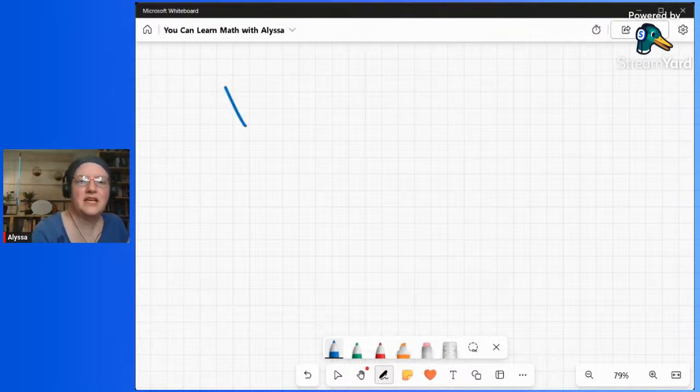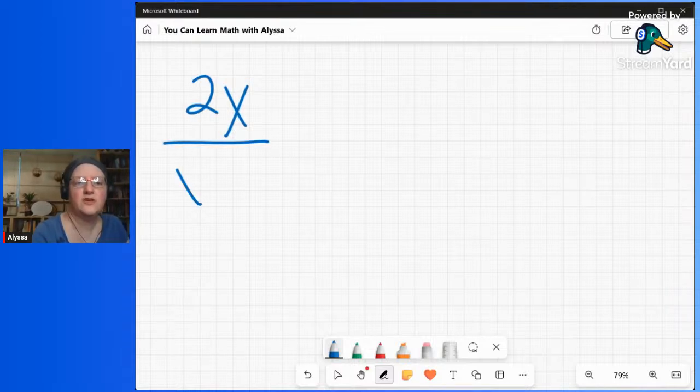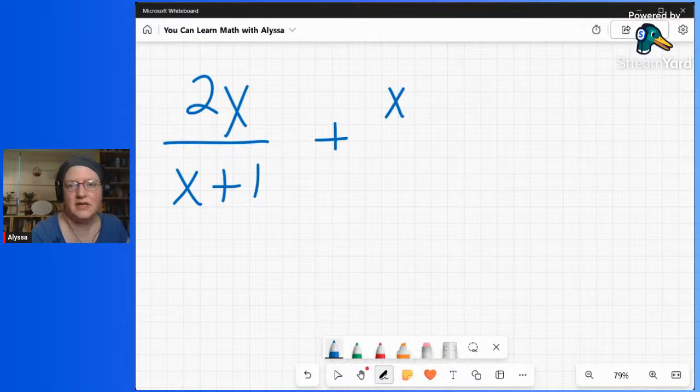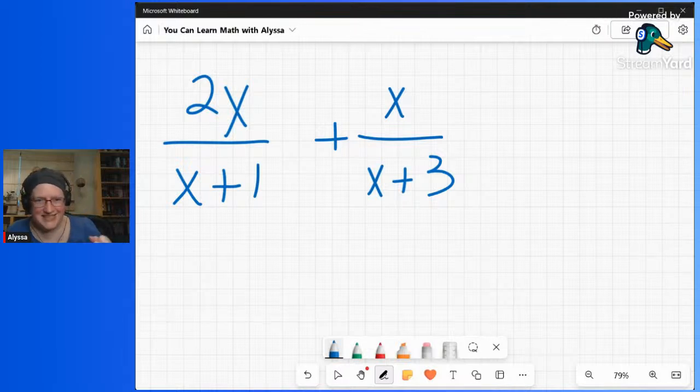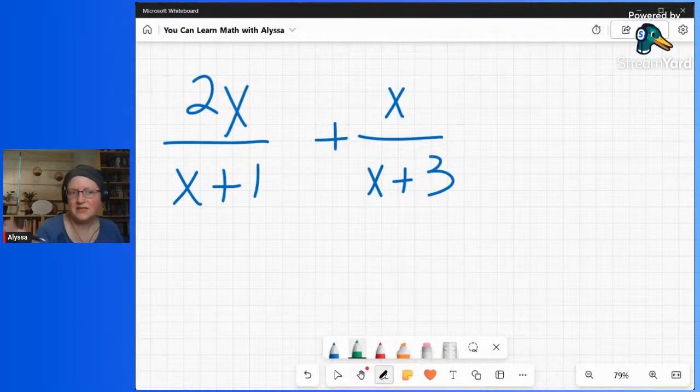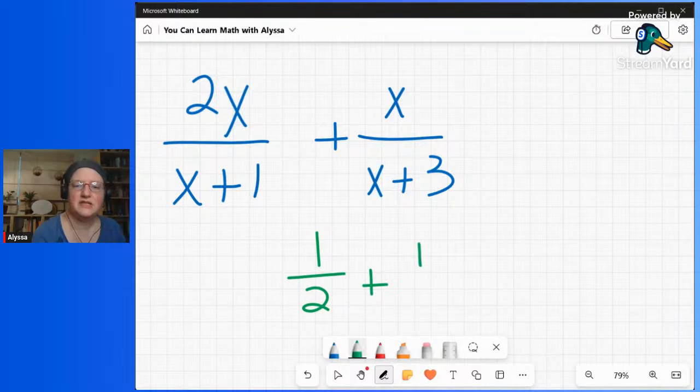So say something like 2x over x plus 1 plus, I'll be a little nicer at the beginning, x over x plus 3, something like that. It's really tempting to look at this and go, okay, well, the denominators need to match because they're fractions, like when we add 1/2 plus 1/2.